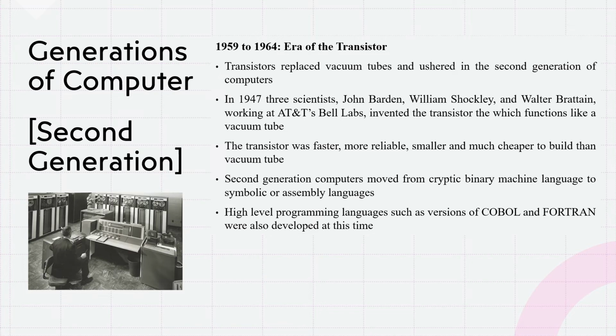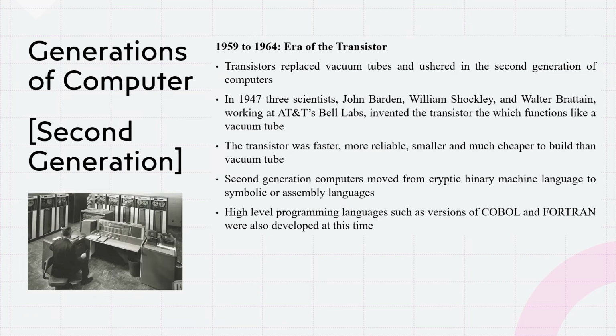The transistor was faster, more reliable, smaller, and much cheaper to build than the vacuum tube. Second generation computers moved from cryptic binary machine language to symbolic or assembly languages. High-level programming languages such as COBOL and Fortran were also developed during this time.